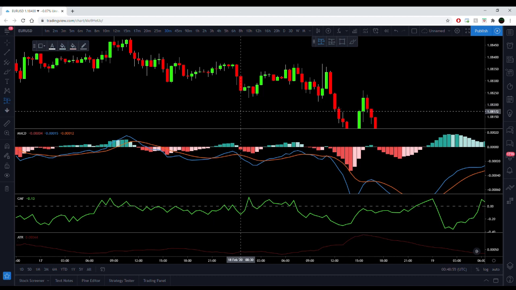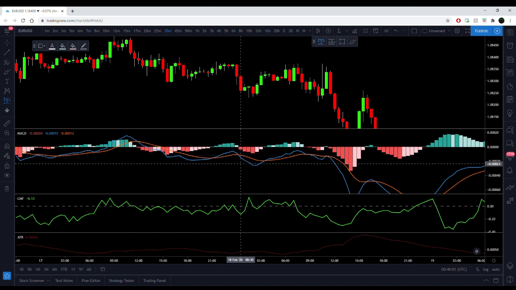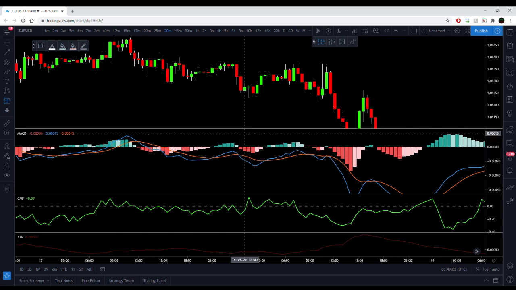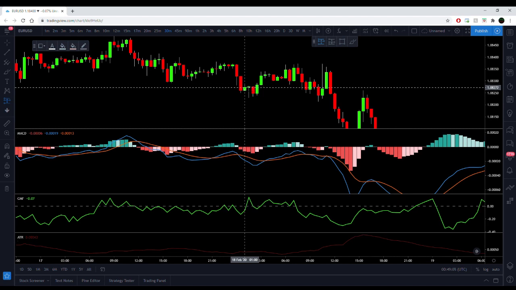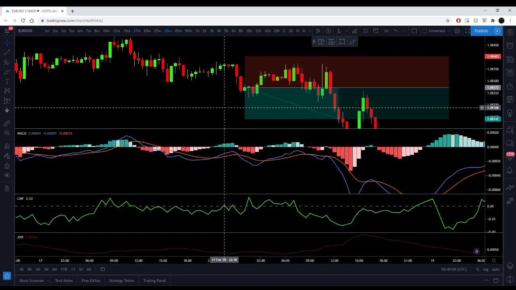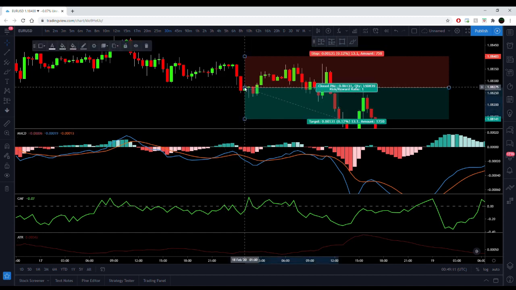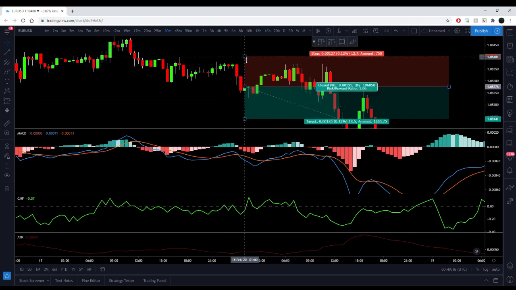So as you can see, we're getting the cross down right here. Chaikin money flow agrees. Our ATR value on this one is 4.3 pips. So I'm guessing this one's going to be a stop out. 2 times the ATR value, 8.6.